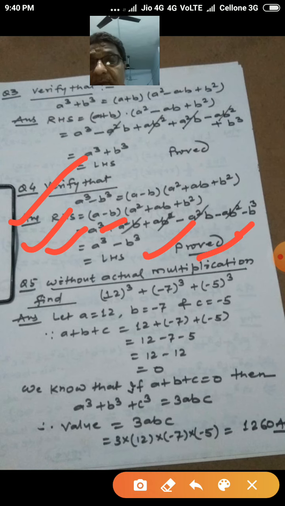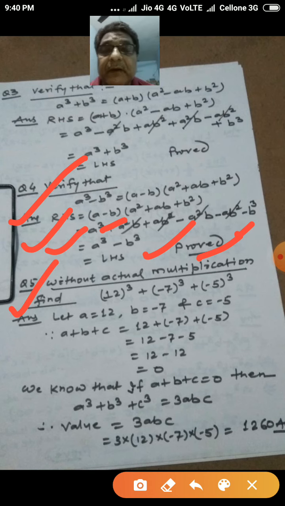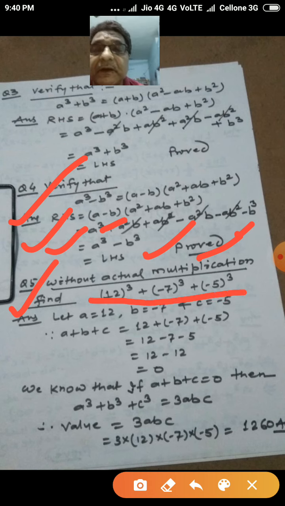Now one more question we take without actual multiplication. Here we have to find the value of 12 cube plus (minus 7) cube plus (minus 5) cube. You should recall such questions where three terms are given in cube form, and we have to either find the value, and sometimes the same question is asked to factorize.